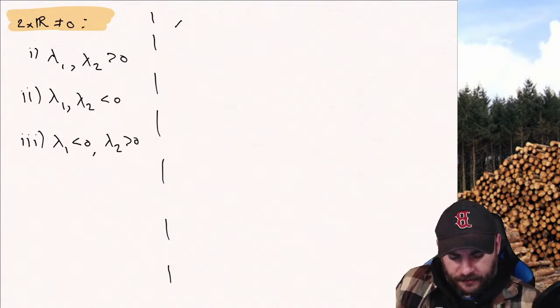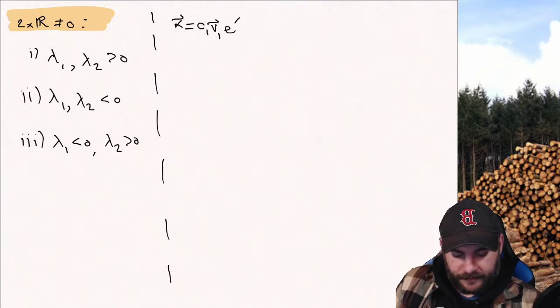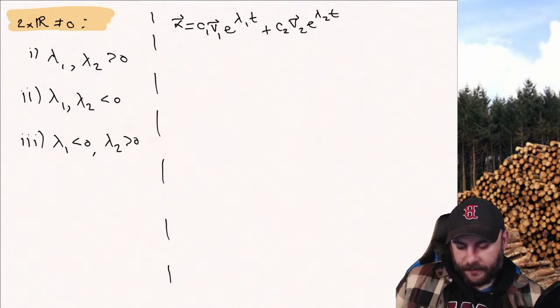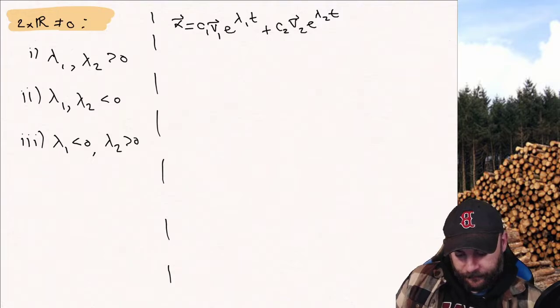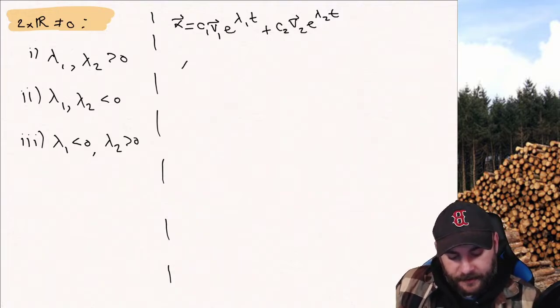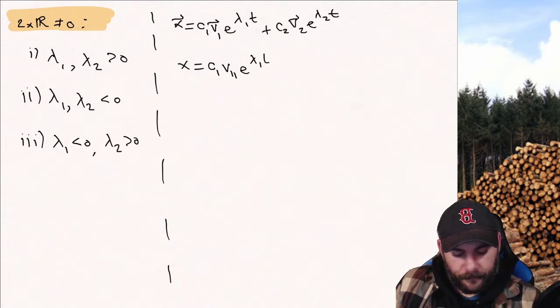So that means my vector valued solution will certainly look like this: a constant times e to the lambda 1 t times the first eigenvector, plus some constant times e to the lambda 2 t times the second eigenvector. And both of those lambdas are positive. If I write this in component form, just in general, I get something like this.